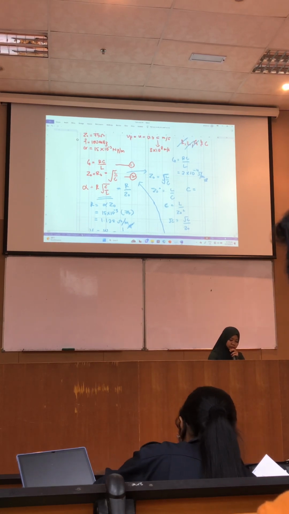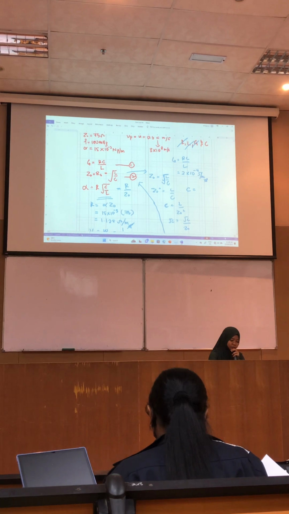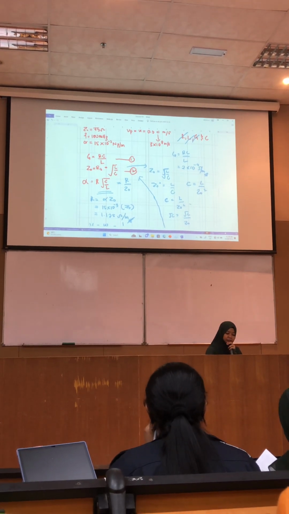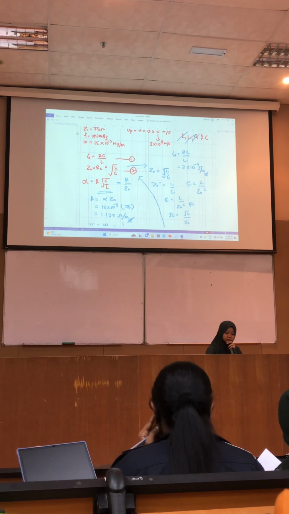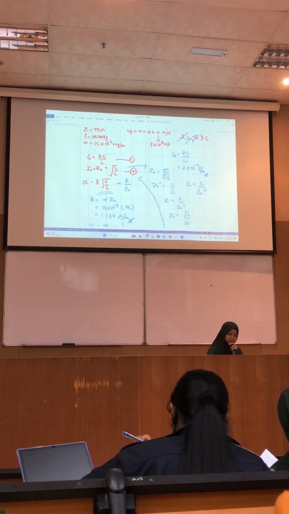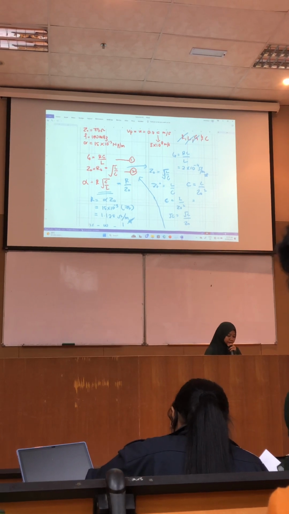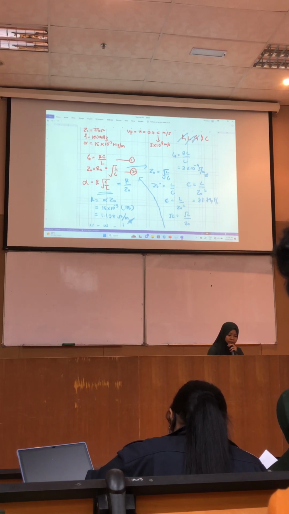Okay, sorry. C is equal to L over Z naught squared. So you will get 88.89 picofarad per meter.